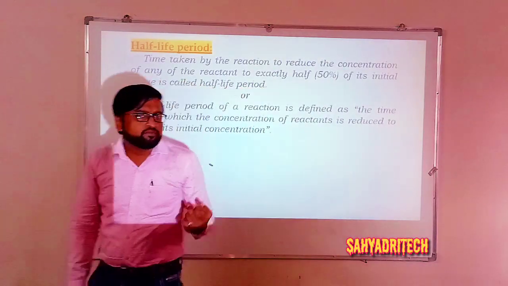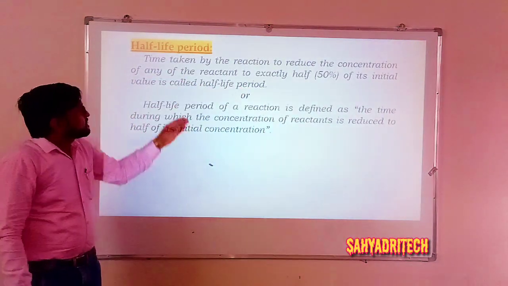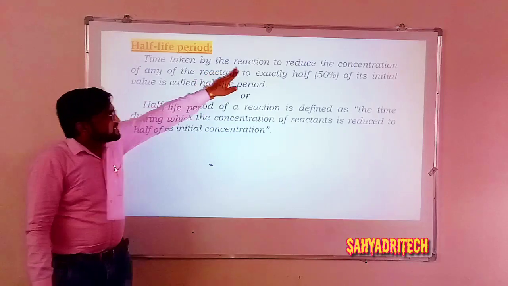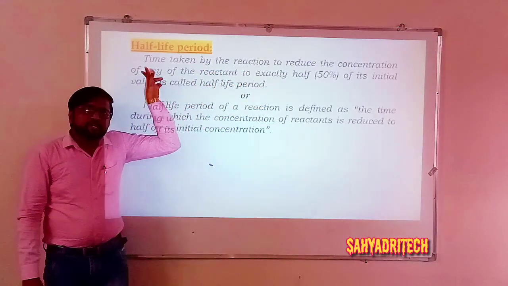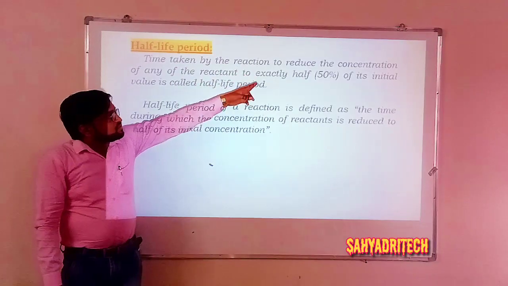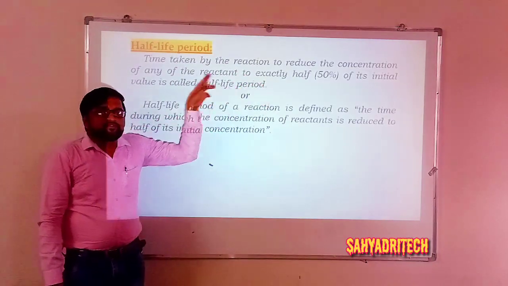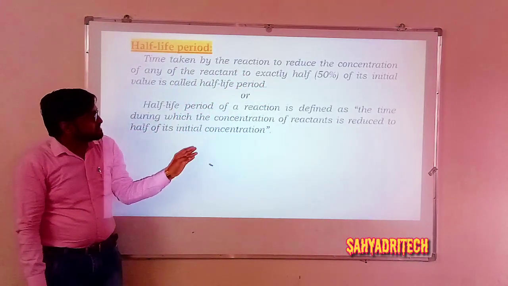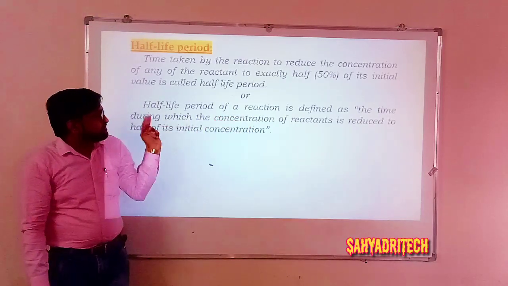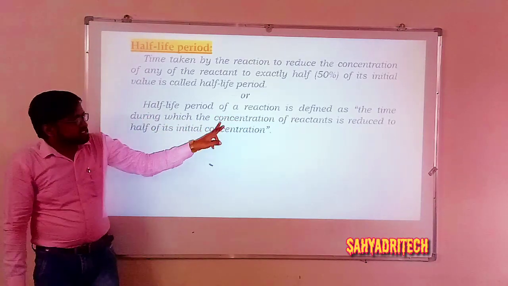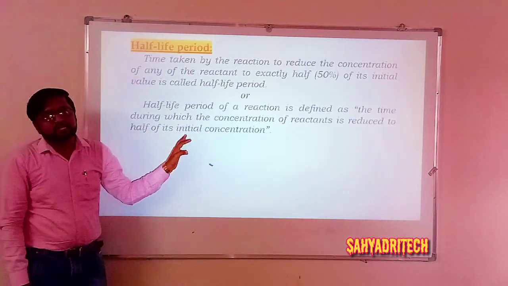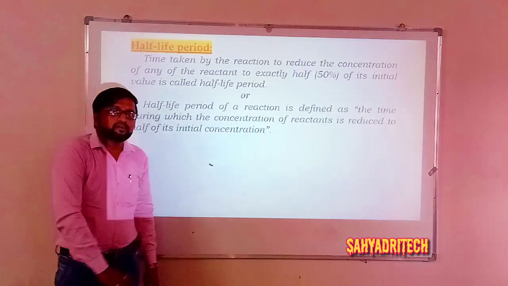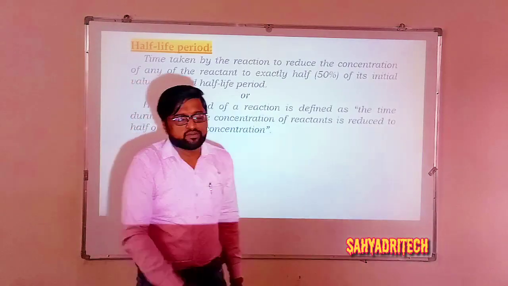So half-life period we can define in two ways. One, time taken by the reaction to reduce the concentration of any of the reactants to exactly half of its initial value, or else, the time during which concentration of reactants is reduced to half of its initial concentration. So it's called half-life period.